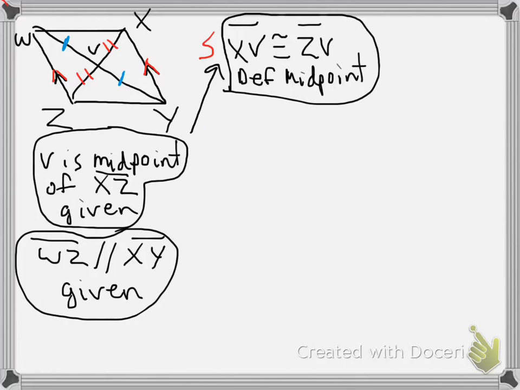Okay? Now, the other thing that happens is since the lines are parallel, erase that and do it in black. Since the lines are parallel, we could treat this as a transversal.